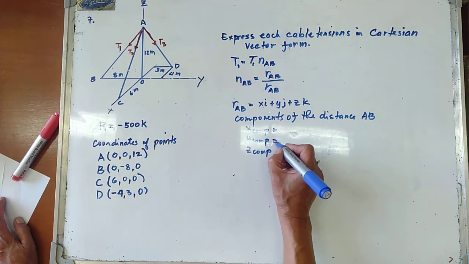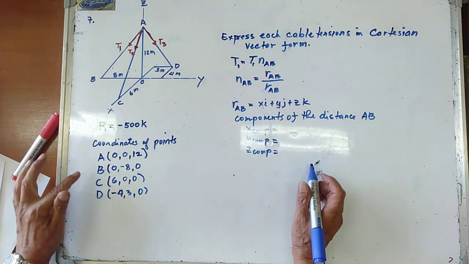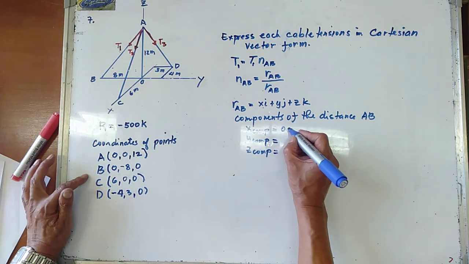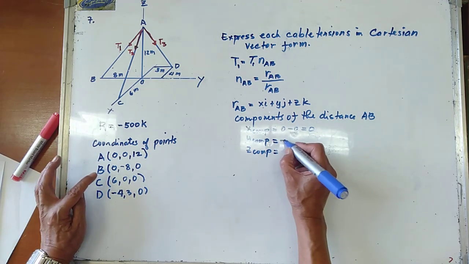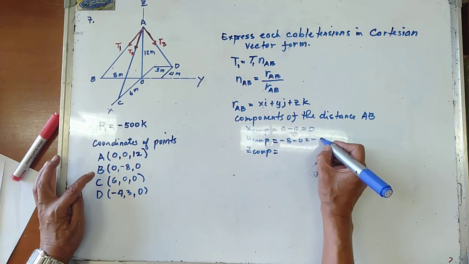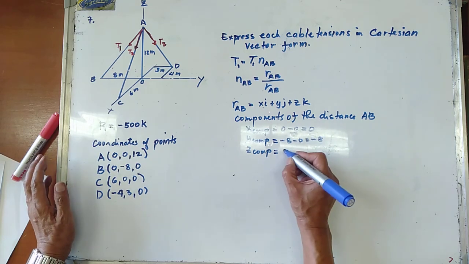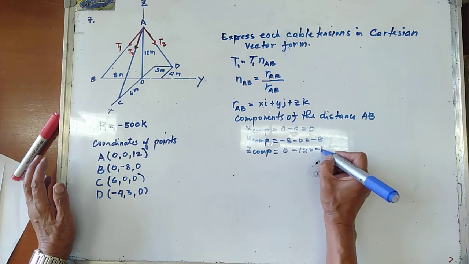Again, head minus tail, so it is B minus A. So it's 0 for x, then minus 8 minus 0, so we have minus 8, and 0 minus 12, and that is negative 12.